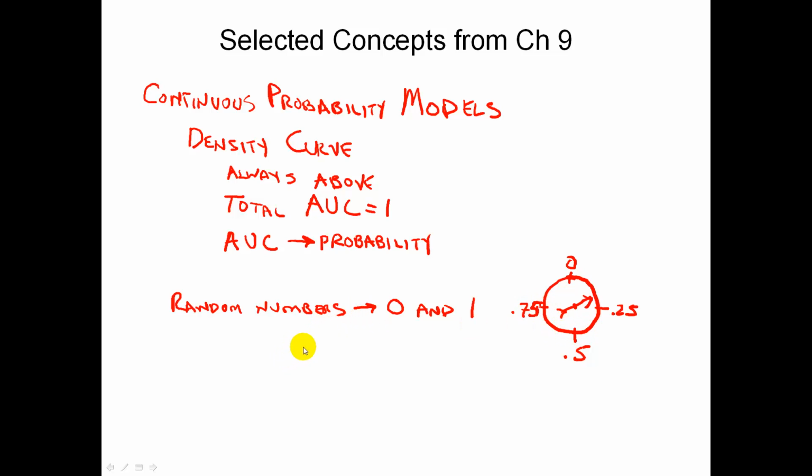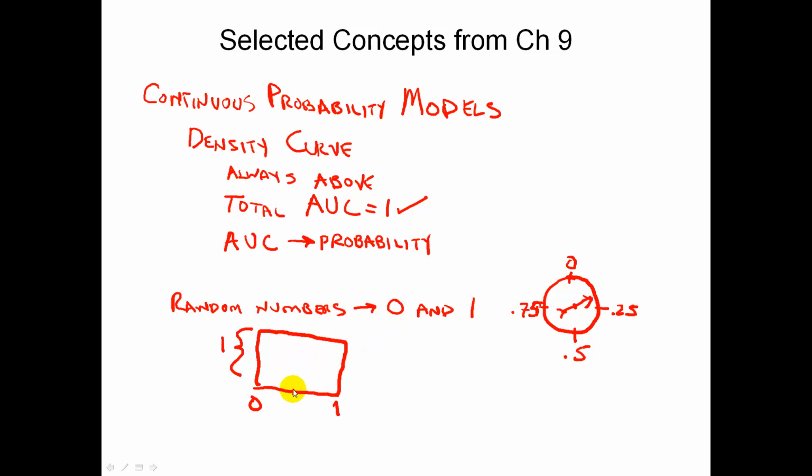So if we generate those random numbers between 0 and 1, we get a probability model that looks like a square. It goes from 0 to 1, possible outcomes, and has a height of 1. So the area here is a square 1 by 1, or 1, which is very important when you're dealing with a probability model.